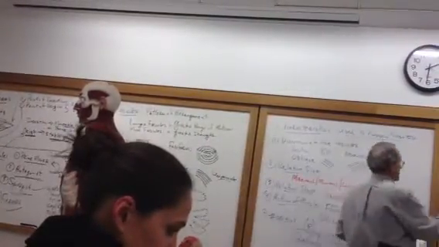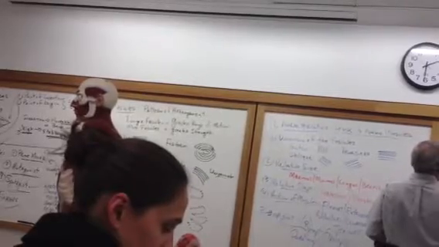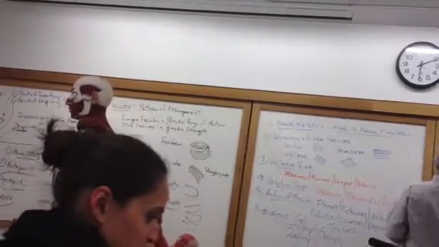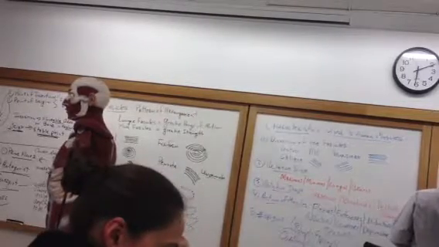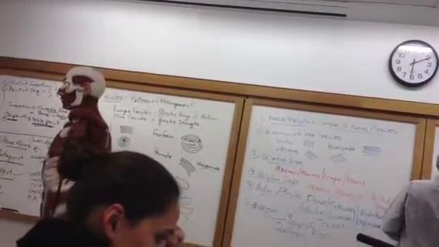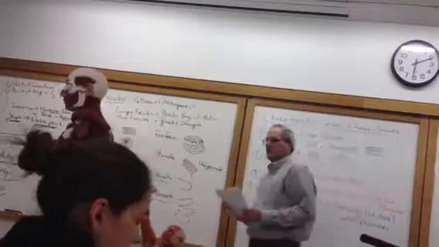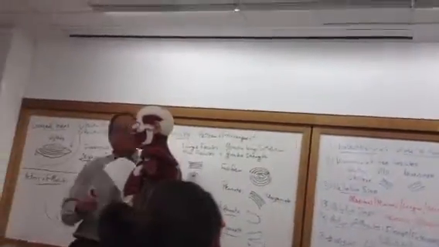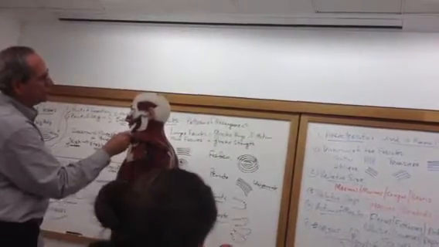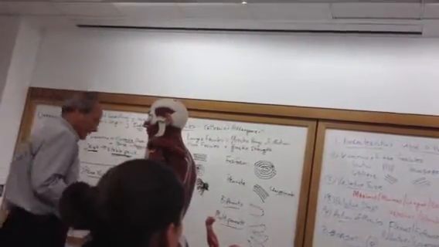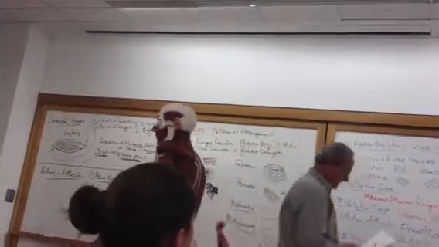The next one is a very important muscle of mastication, or chewing, which is the masseter. The masseter muscle. It's in the cheek. This one right here.